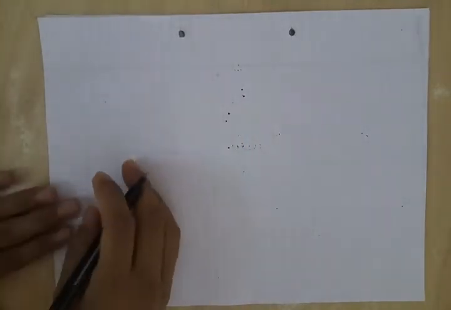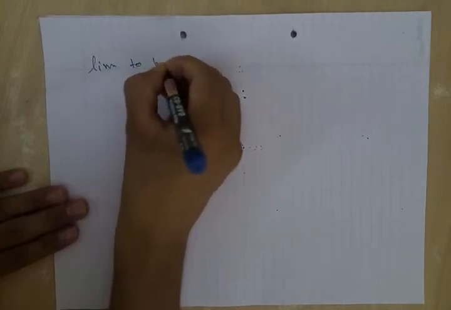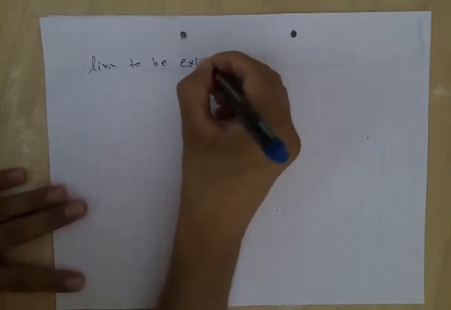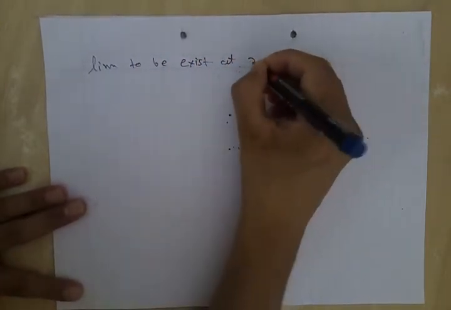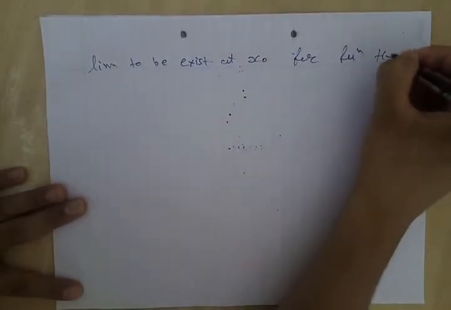So we will summarize the condition for the limit to exist at any point x0 for function f(x).